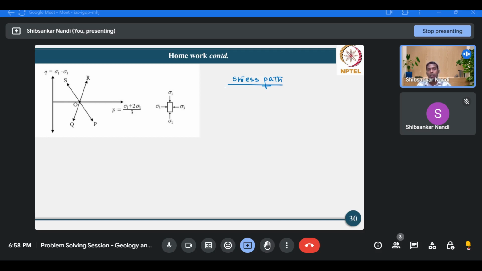Now, what is stress path? Stress path is nothing but a line which connects a series of points.